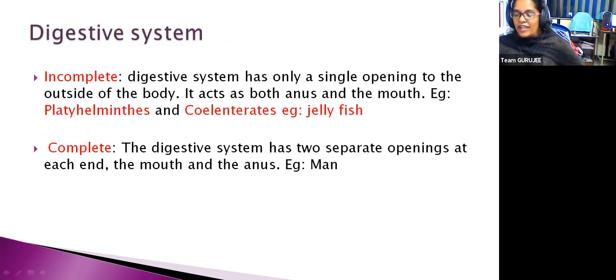In the digestive system, there are two types, incomplete and complete. Incomplete means they don't have separate openings for mouth and anus; they have a single opening which acts as both. In a complete digestive system, they have two separate openings, mouth and anus.